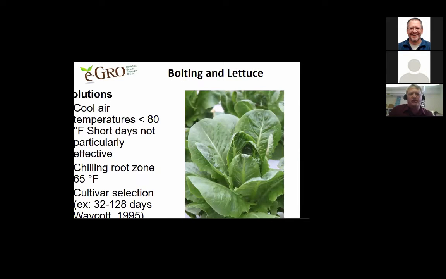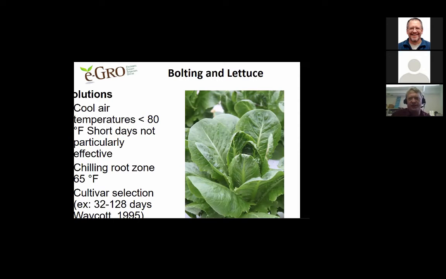So our main solutions for bolting in lettuce are not really manipulating the day length, but instead using cool air temperatures, so less than, say, 80 degrees Fahrenheit. If it's difficult to control air temperature, so if we're growing lettuce in a greenhouse in the summertime, what has been found to be effective in the literature is actually chilling the root zone.